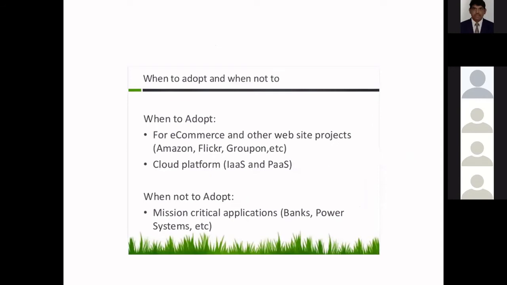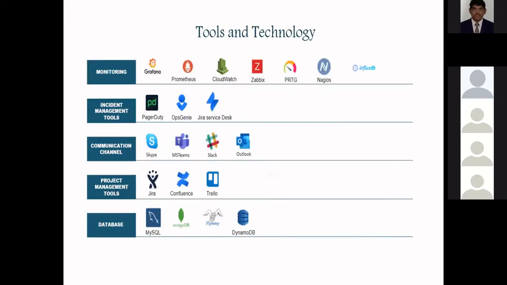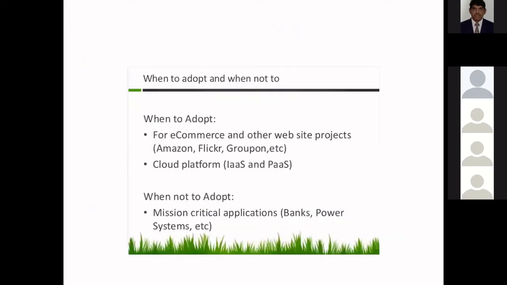Organizations related to e-commerce and other website projects, like Amazon, Flickr, and Google, use data centers where they put their data in the cloud like AWS, and they rely on AWS services because they need not maintain the servers and everything.